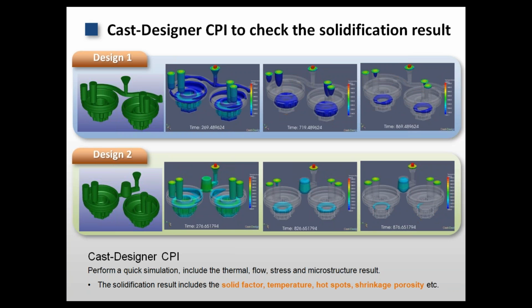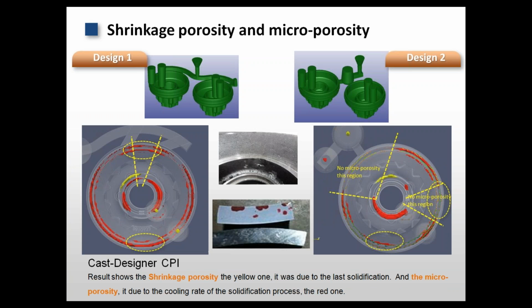Okay, this is about the solidification results, comparison between these 2 different plans. So we just check them, and you will find out the shrinkage porosity is distributed on the outside of the casting, and we could make a section. You will find out those micro shrinkage porosity is quite similar to the real photo.